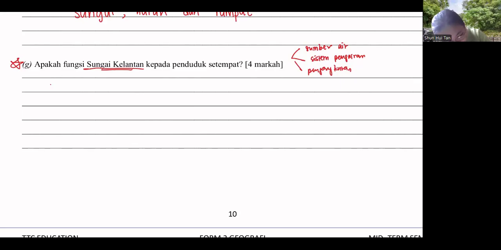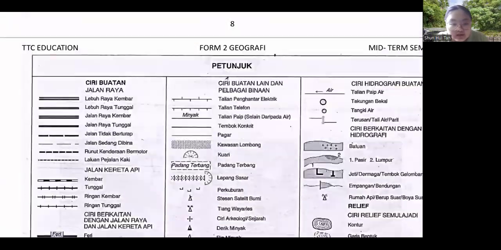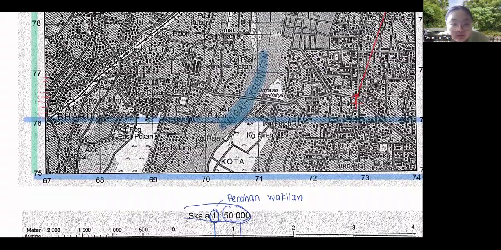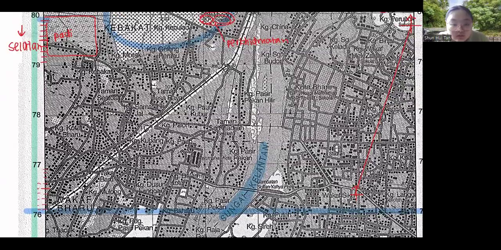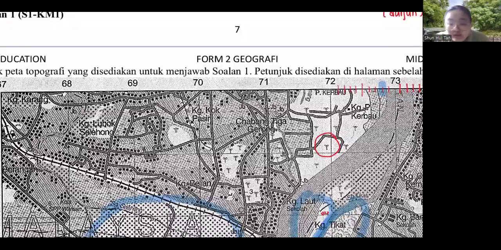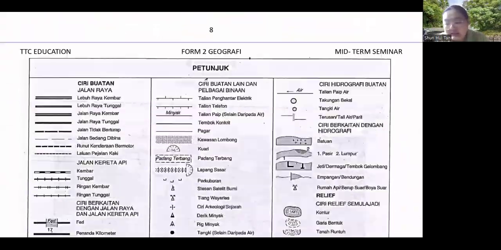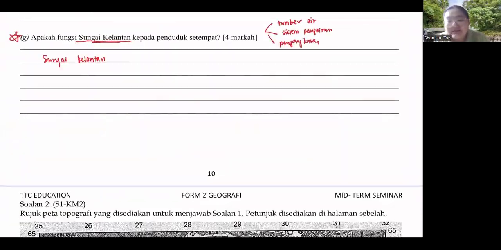So you will say that sumber air. So you can say lah Sungai Kelantan. And don't worry, the question that I not done, the answer already. Pelabuhan, let me say. Do they have port? If they have jetty, can. Because it's a river.